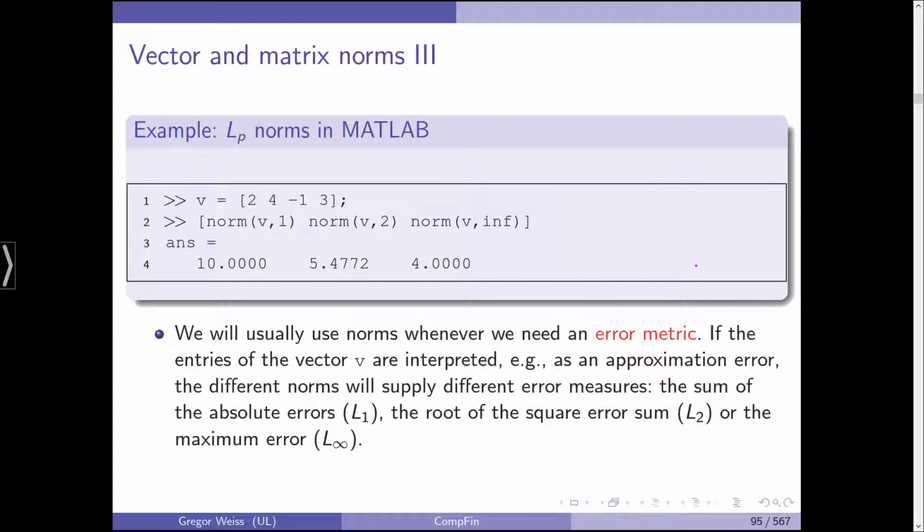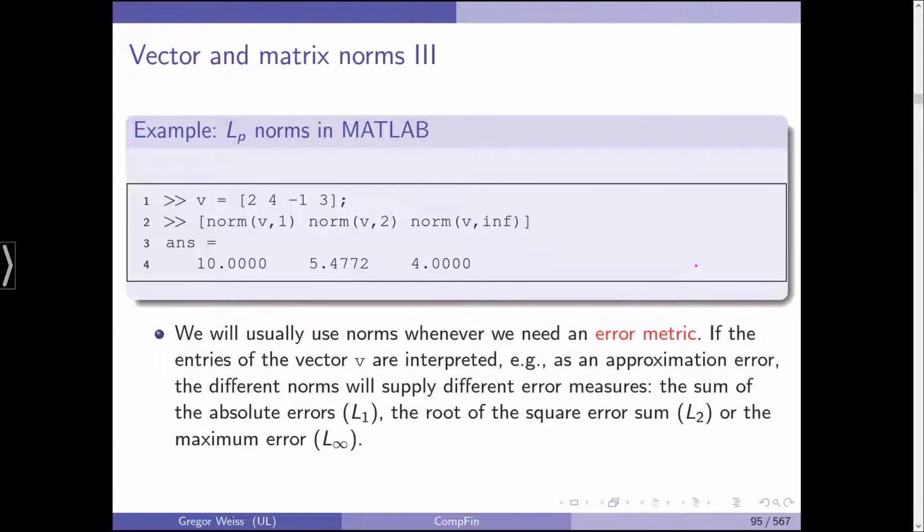And some examples in MATLAB: we have a very simple vector, 2, 4, minus 1, and 3. If we now use the function norm(v, 1), it gives us the L1 norm, norm(v, 2) gives us the L2 norm, and if we write norm(v, inf), it gives us the infinity norm. Especially the infinity norm is quite simple. We've seen it's the maximum absolute vector entry, so obviously this is 4.